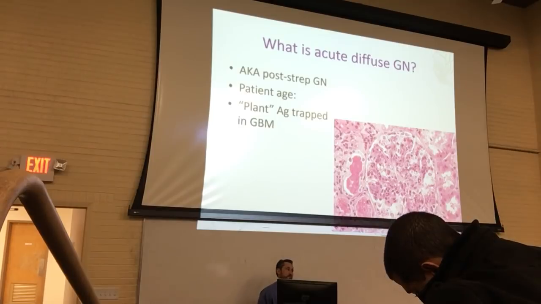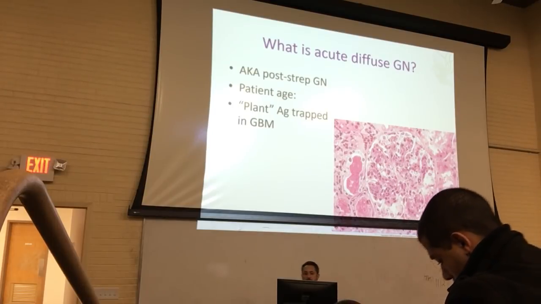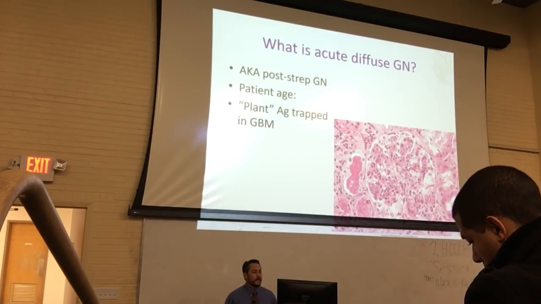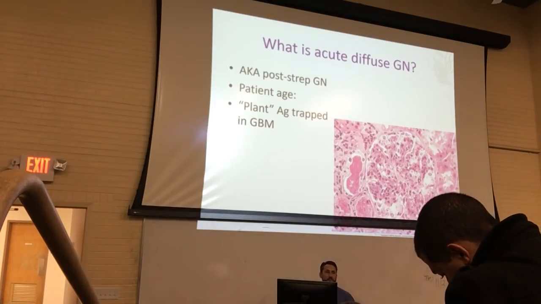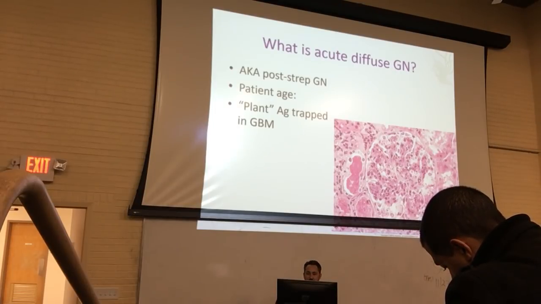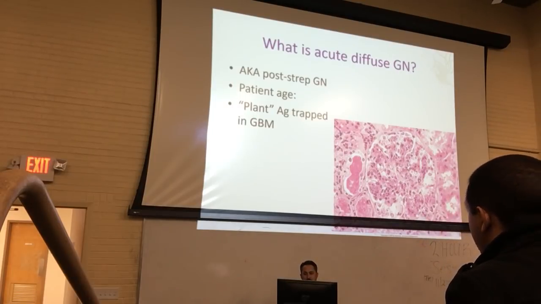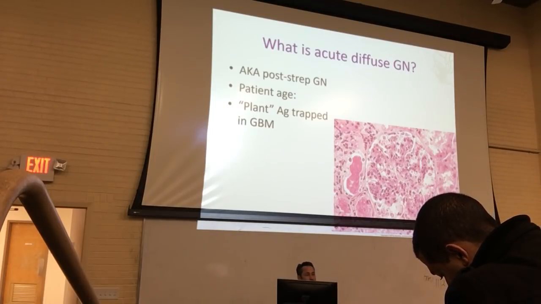Acute diffuse, our second type of glomerulonephritis. Acute diffuse, and then we'll look at chronic glomerulonephritis. So acute diffuse, this unfortunately can affect very young patients. Post-strep infection, post-strep throat, oftentimes between the ages of 6 and 10 years of age. Onset is usually 1 to 4 weeks after the strep infection.